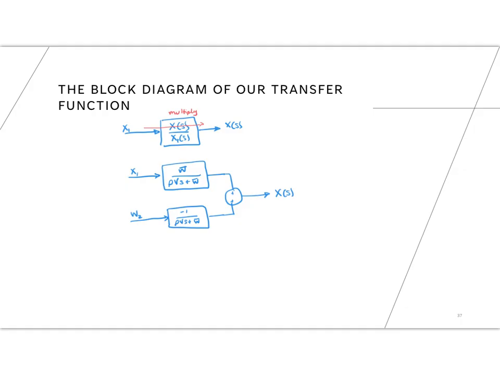So I multiply when I go through a block, and then I can go through an adding process where I bring both of them in and I add the result together to get my output. So that is a basic block diagram.